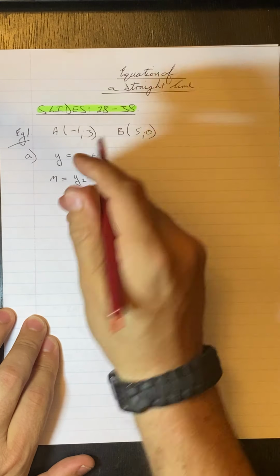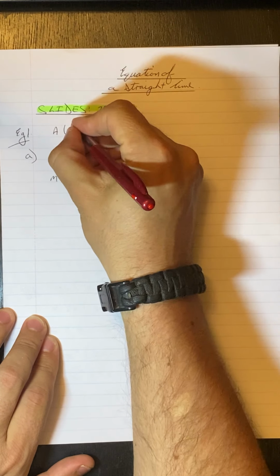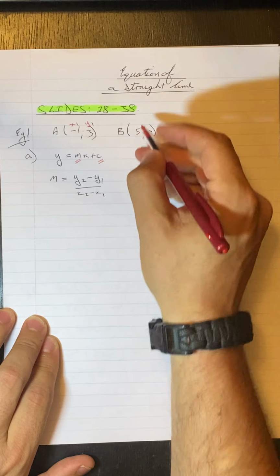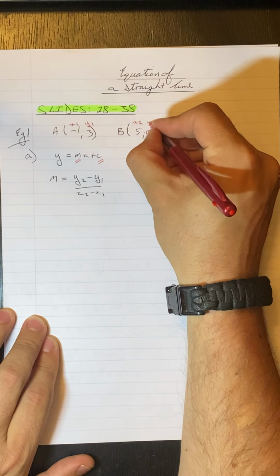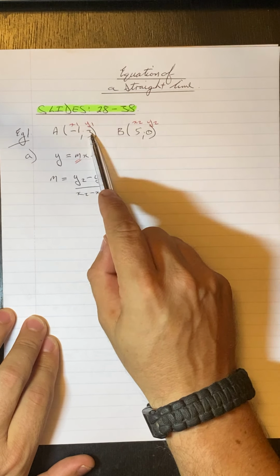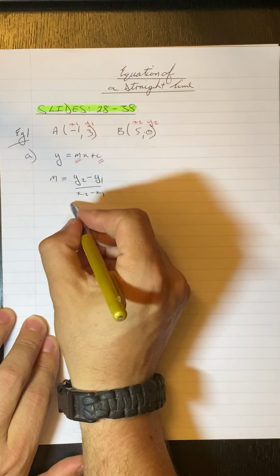So because this is our first point over here, this can be our x1, y1. Our second point, x2, y2. All I do is I substitute those values into this formula.